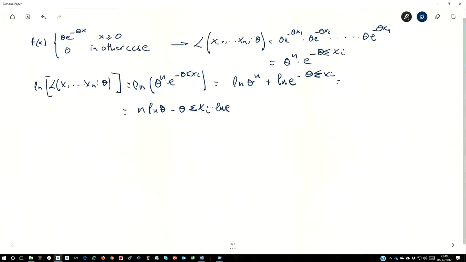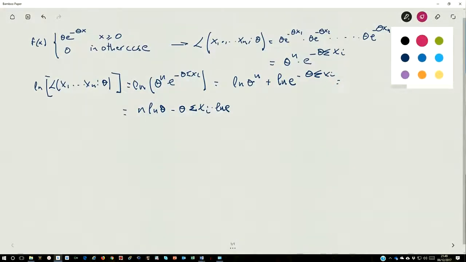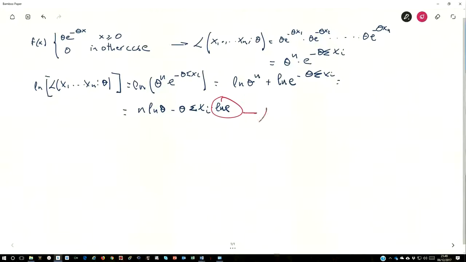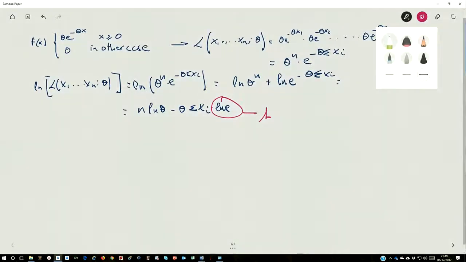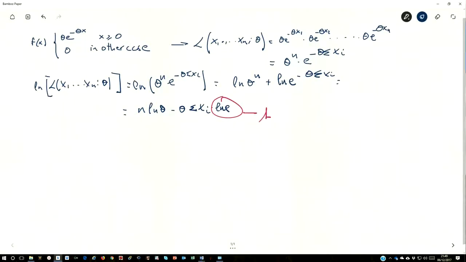If we arrange this, simplifying the exponentials, we have as a final result n multiplied by the natural log of theta minus theta multiplied by the summation of x sub i multiplied by the natural log of e, which is equal to 1. Now with this expression we have to differentiate with respect to the parameter.